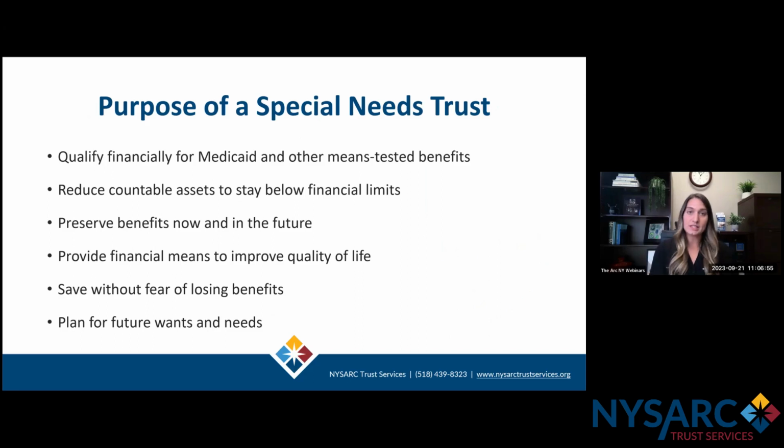Now, just a little background on supplemental needs trusts before we dive into each of our individual programs.